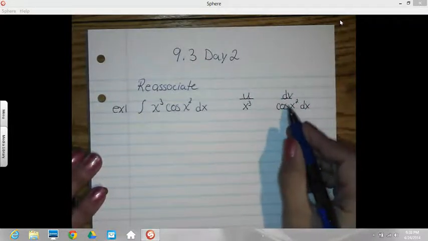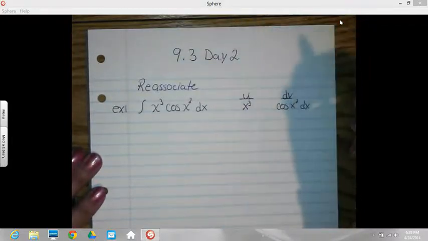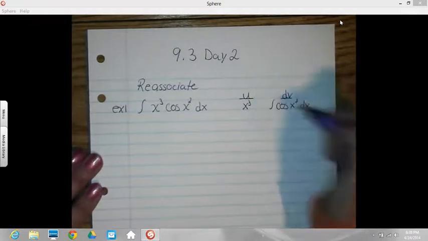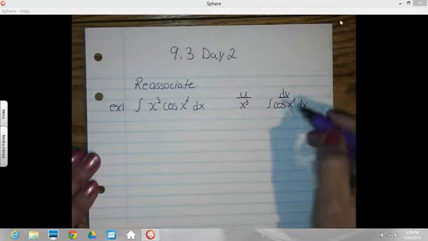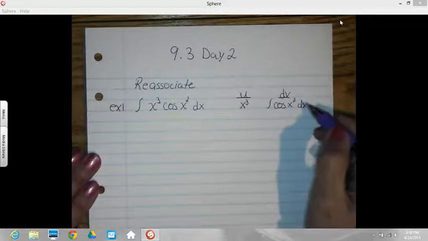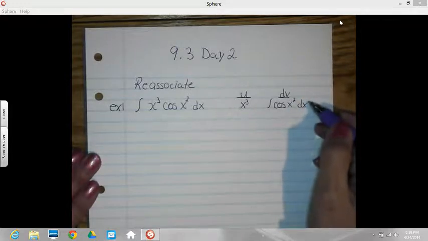If I try to integrate this to sine, I have to have the derivative of the angle attached to the dx. So the derivative of the angle is 2x.